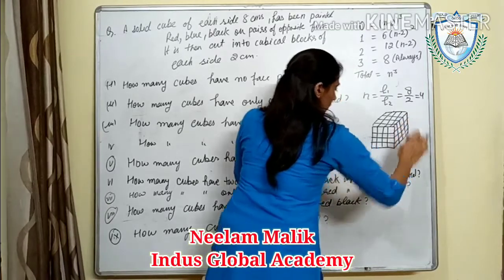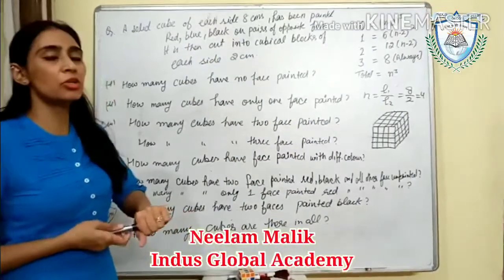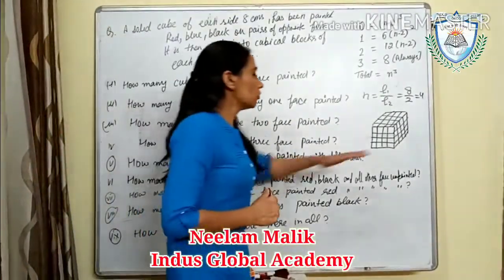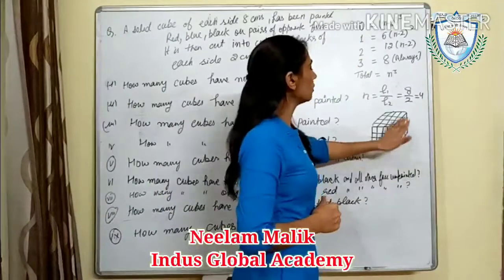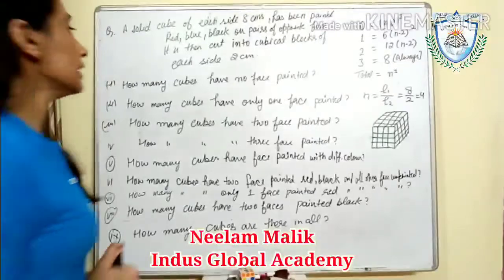Okay, so this is our big cube, and I cut it into 4 into 4. 4 small cubes are there, 4 there, and in the height also 4. So now our n is 4, we know that.